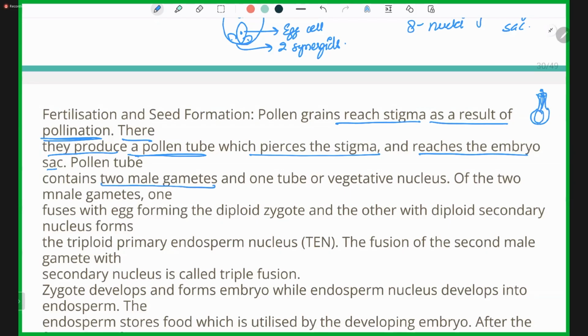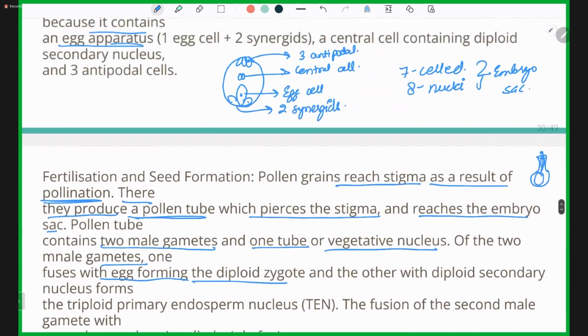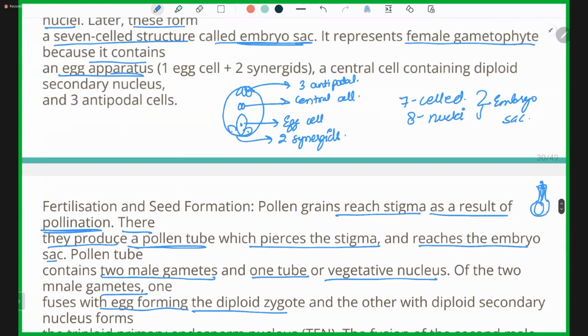out of the two male gametes and one tube vegetative nucleus, one of the male gametes fuses with the egg cell. This fusion gives rise to the production of a zygote. When the egg cell and one male gamete fuse, it gives rise to a zygote.